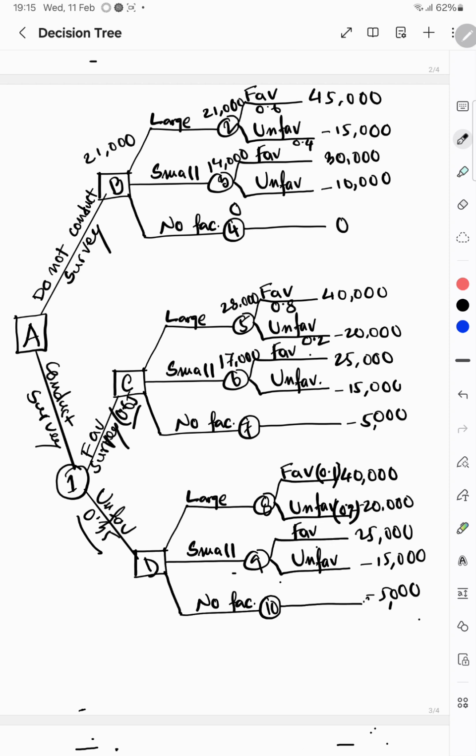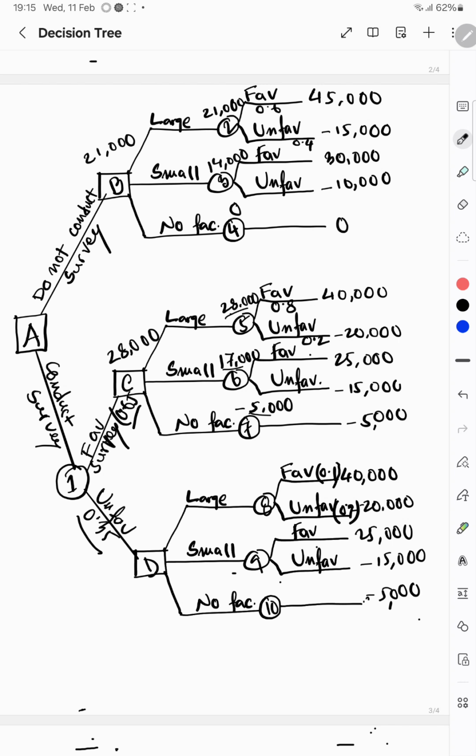In this one, if the market is favorable or unfavorable, you will always have this 5,000 loss. Now we'll choose the best one as we did last time. So it's 28,000 in here, 17,000 minus 5,000. The best option is 28,000.